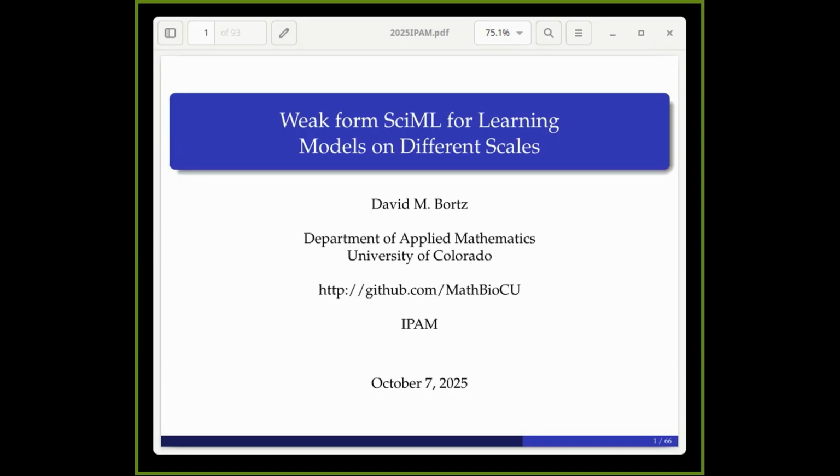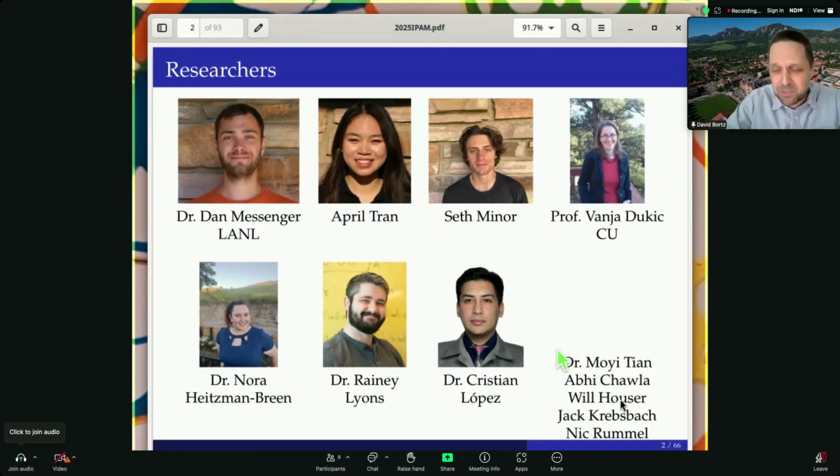So first, I'll just start off with the people that do the actual work here. This whole endeavor started when Dan Messenger was a graduate student with me. He graduated to being a postdoc with me, and then graduated to being a collaborator. He's been there since the beginning on this stuff. April is a graduate student.